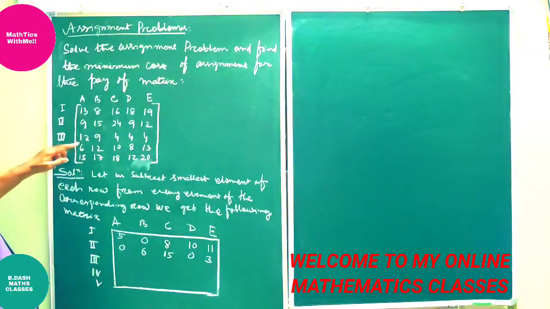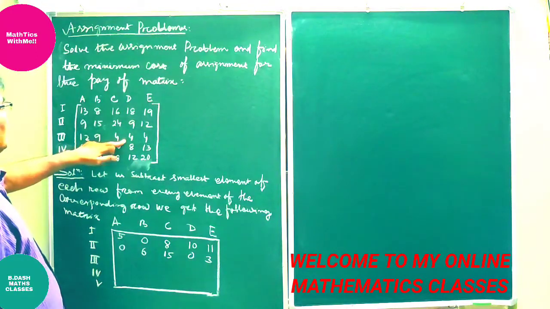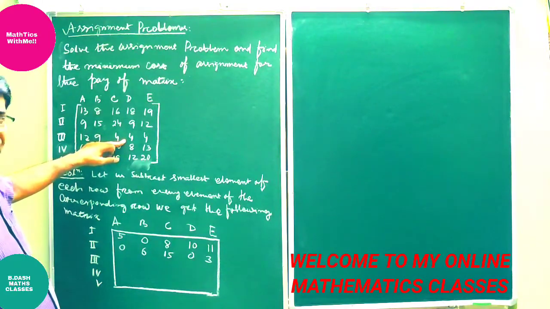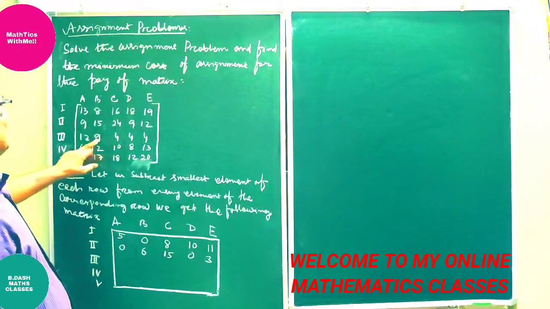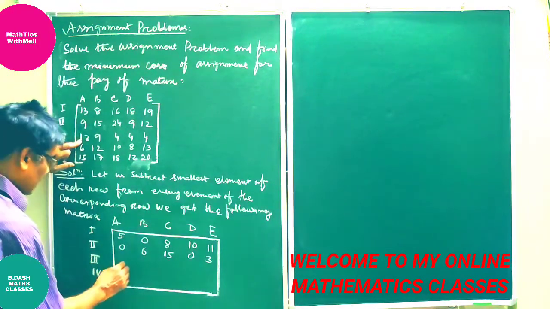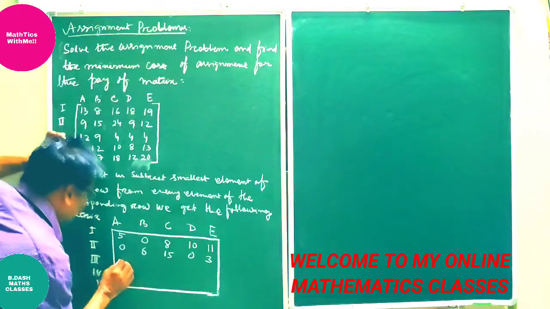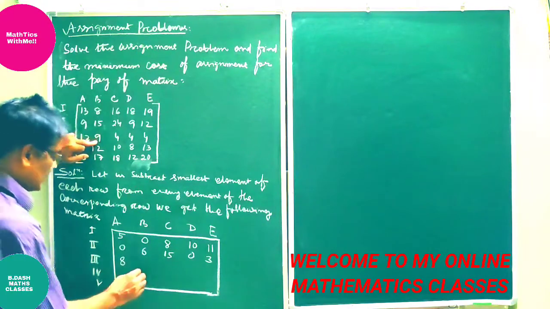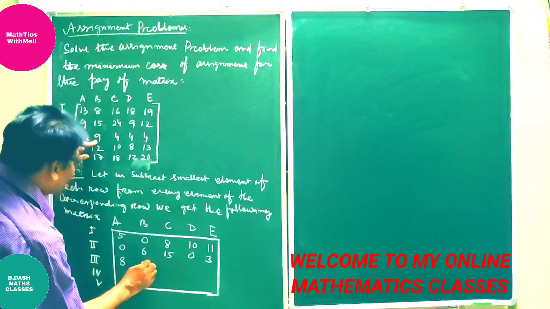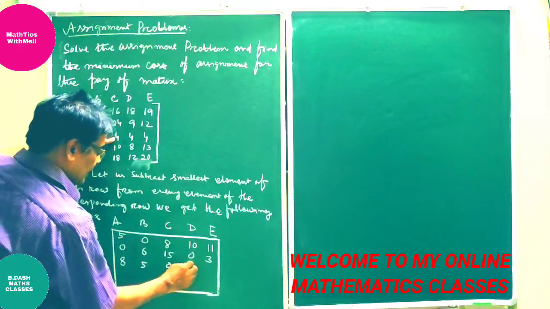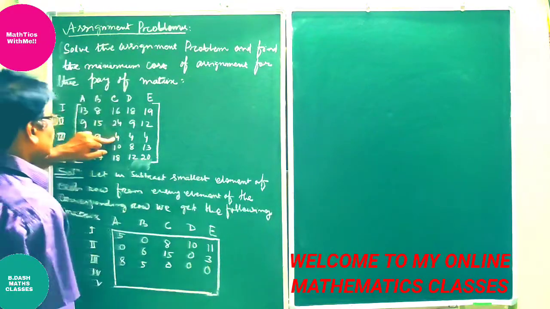Next, third row. So here 4 is the smallest element. Let us subtract 4 from every element of this row. So 12 minus 4 is 8. This is 9 minus 4, 5. This will be 0, then 0, and here we will get 0.